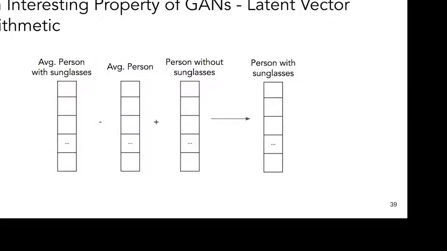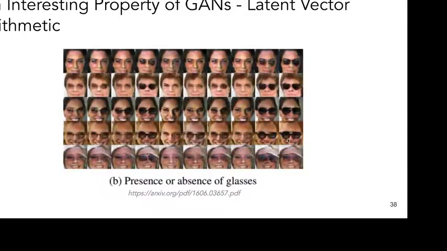So if you take this difference, which will be that abstract idea of sunglasses, and add that to a person without sunglasses, you will literally end up with an image of people with sunglasses. So it's this really cool way of abstracting out these notions and these specific parts, and then being able to apply that farther onto newly generated images. So that's a really, really cool property of GANs.